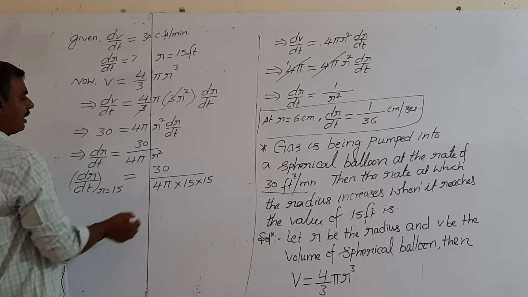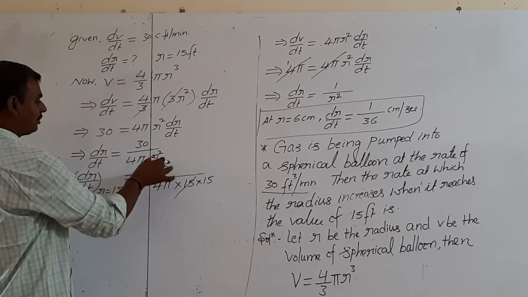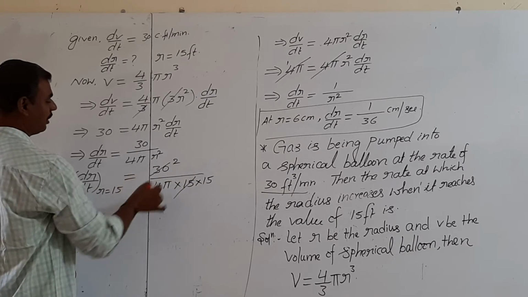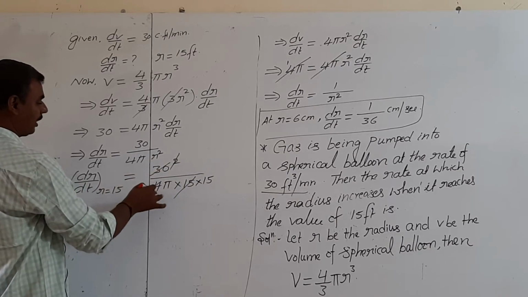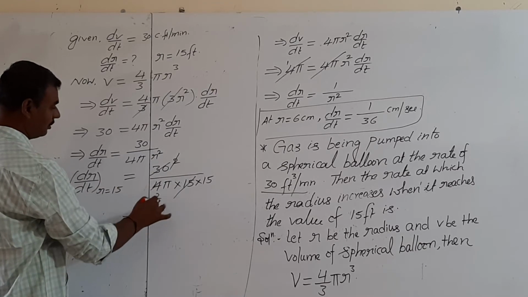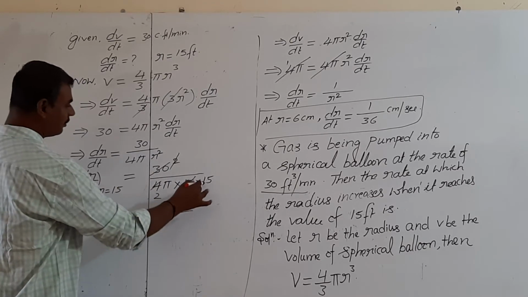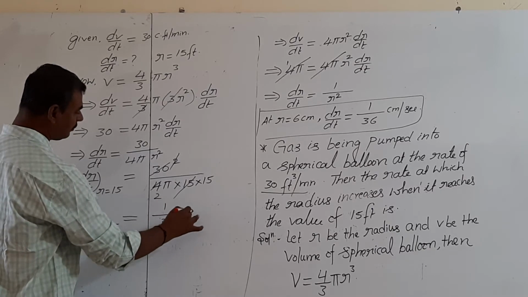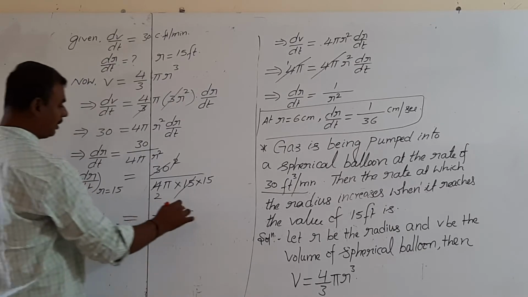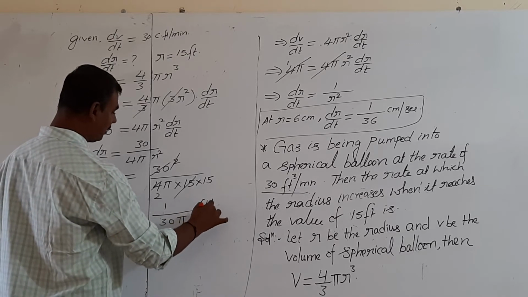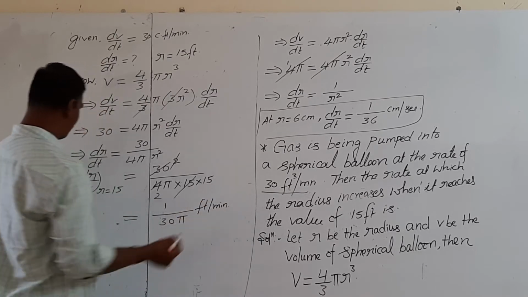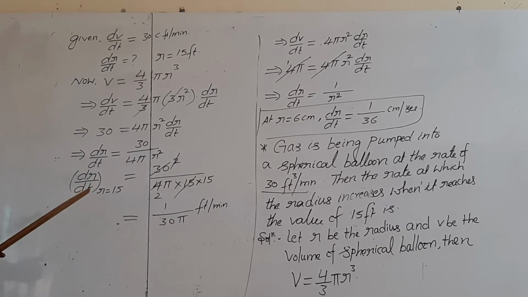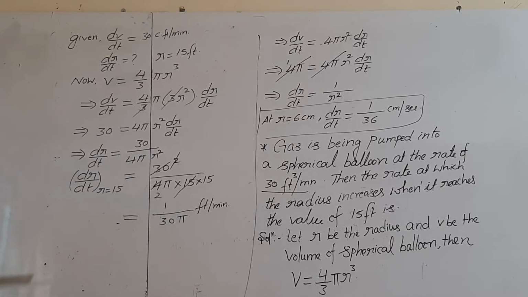So we can easily cancel. 15 goes into 30 two times, and again 2 goes into 4 two times. This is equal to 1 upon 30 pi, measured in feet per minute. So the radius of the spherical balloon increases at 1 upon 30 pi feet per minute.